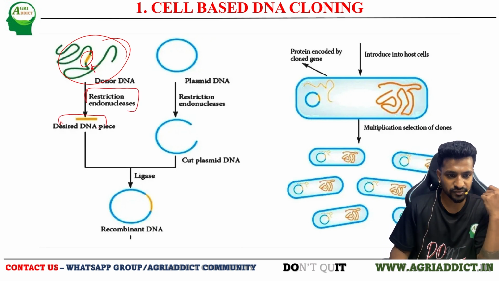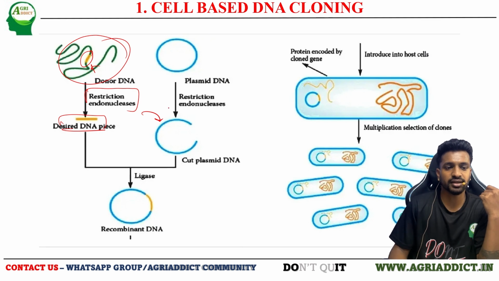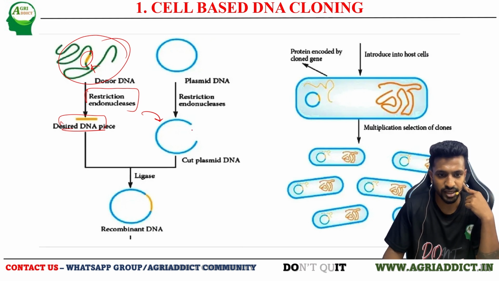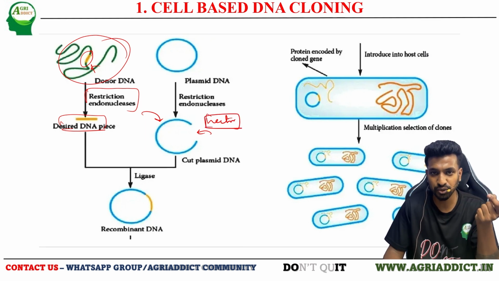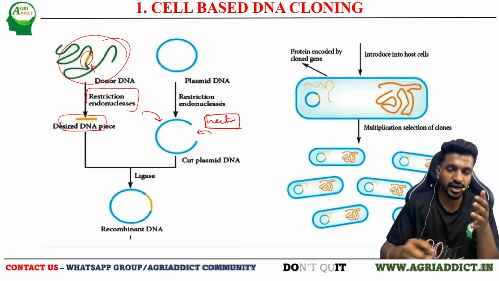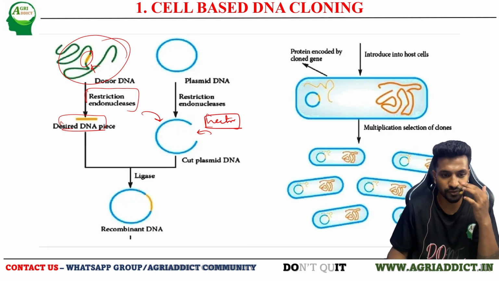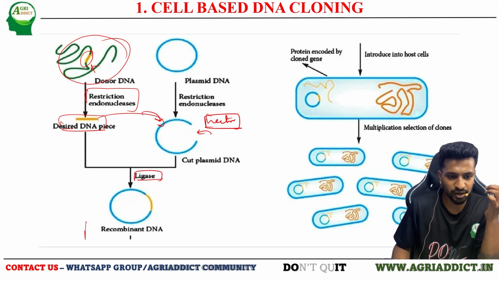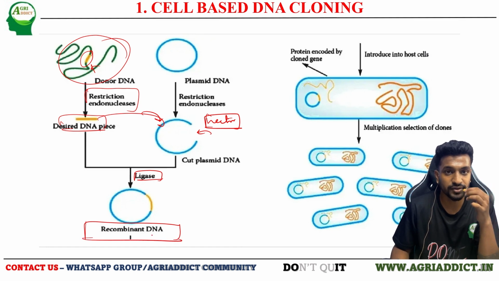After cutting this specific part, I have to introduce that desired DNA piece into a plasmid, which is also called a vector, a vehicle used to take the desired gene and transfer it into the suitable host, and we will use ligase to join this and form the recombinant DNA, which I explained in the very first slide.